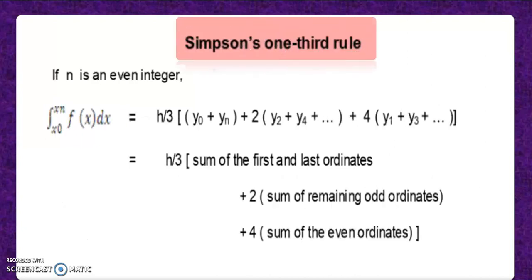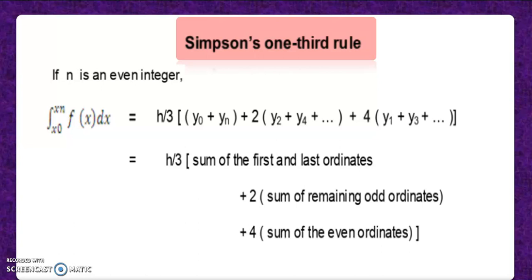Coming to the second method, Simpson's 1/3 rule. Here, if n is an even integer, integration from x0 to xn f of x dx is given by h by 3 into y0 plus yn, that is the sum of the first and last ordinates, plus 2 into the sum of the even ordinates, plus 4 into the sum of the odd ordinates.